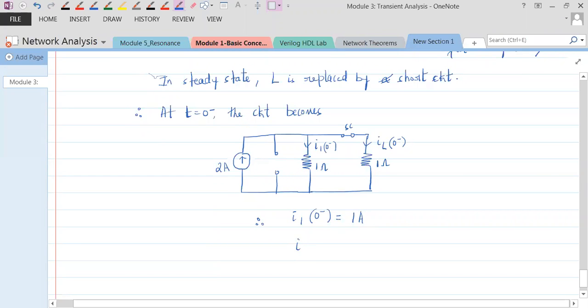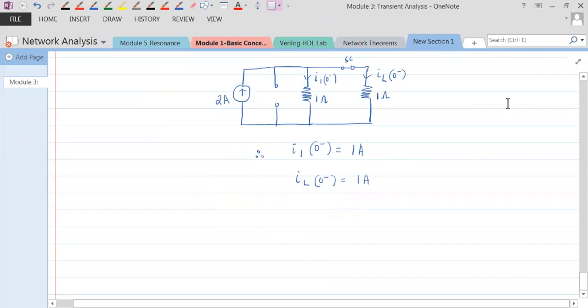Similarly, IL of 0 minus is also 1 amp. Everybody understand? This is not what they have asked. They have asked us to find I1 of 0 plus and IL of 0 plus. But we have understood what the current is at IL at t equal to 0 minus.